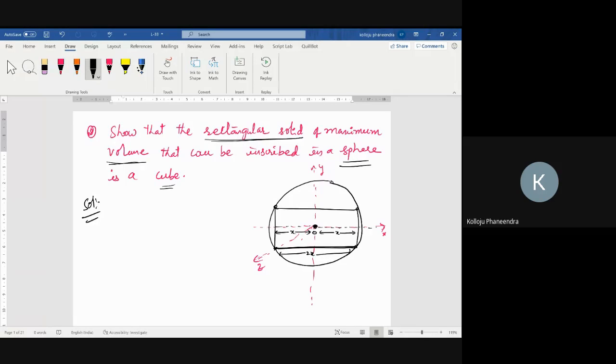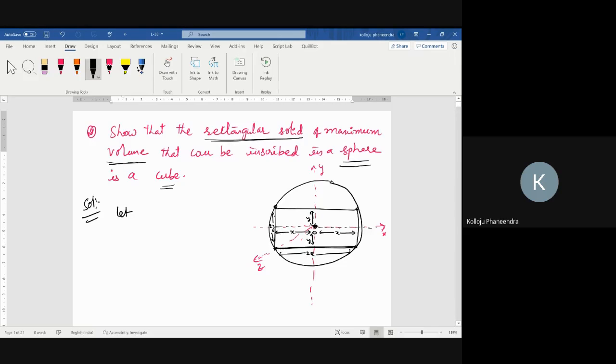Now, when a rectangular solid is inscribed in the sphere, don't take x, y, z as the dimensions of the rectangular box. This is 2x. Same logic: this much distance is y and this much is y, so the total width is 2y. Same logic, 2z. Is that clear?